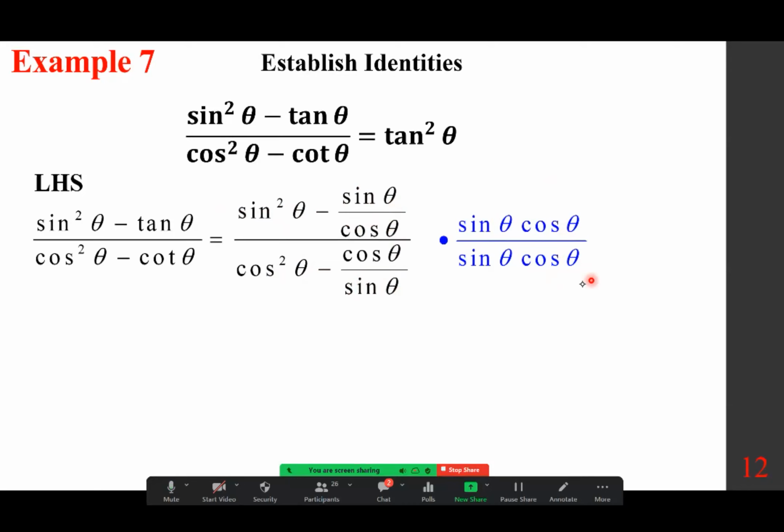So how do we do that? You multiply this one by this piece. So you get sine cubed cosine theta. And you multiply it by this fraction, cosine goes away, and you get negative sine squared.